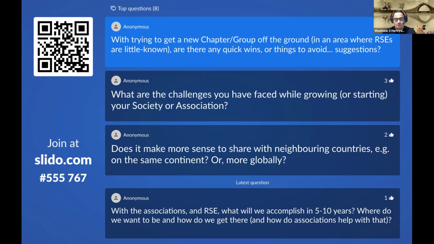I believe there's a small distinction between having a new chapter, because that would be more like a local, regional or national level thing, and an RSE group would be more of an institutional thing, where you have an institution that starts growing. So for a university to have an RSE unit within themselves. Both of them are important, both of them are pertinent to RSEs in general. Let's hear about getting both of them off the ground.